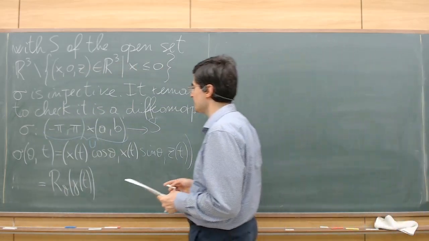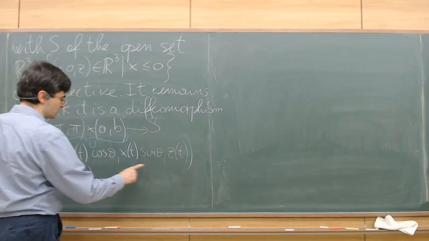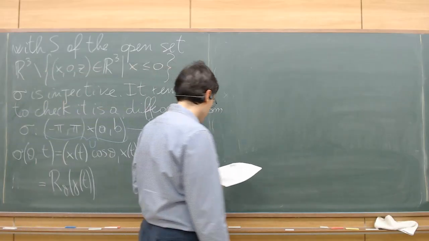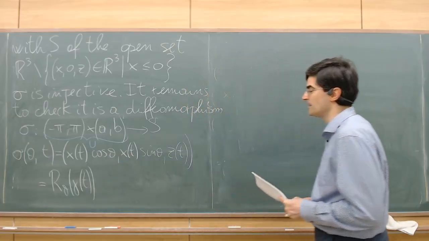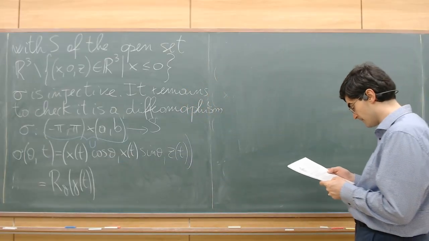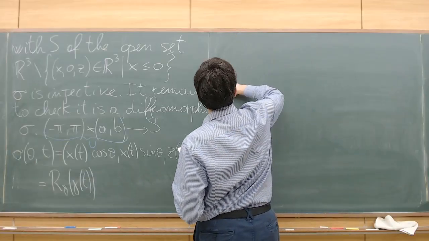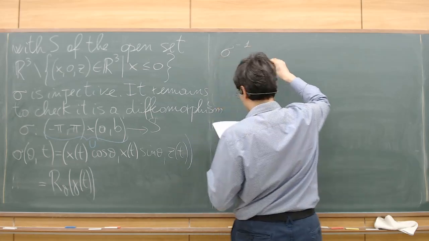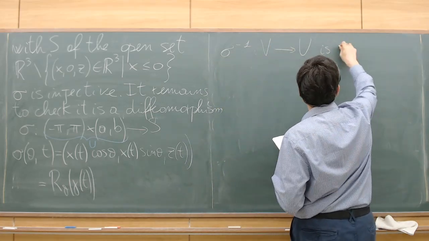Okay, sigma is clearly smooth because x of t and z of t are smooth. They are the component functions of a regular curve. And cosine of theta and sine of theta are clearly smooth functions. Now let's check that sigma inverse defined on V with values in U is smooth.